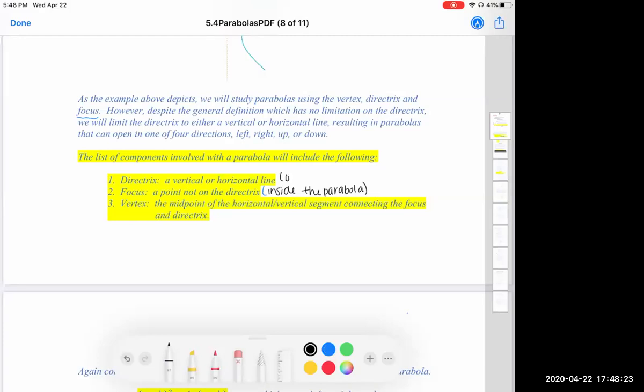And your directrix, that one's always outside the parabola. Three, the vertex is the midpoint of the horizontal segment connecting the focus and the directrix. The vertex is just like before. It's going to be some point (h, k).